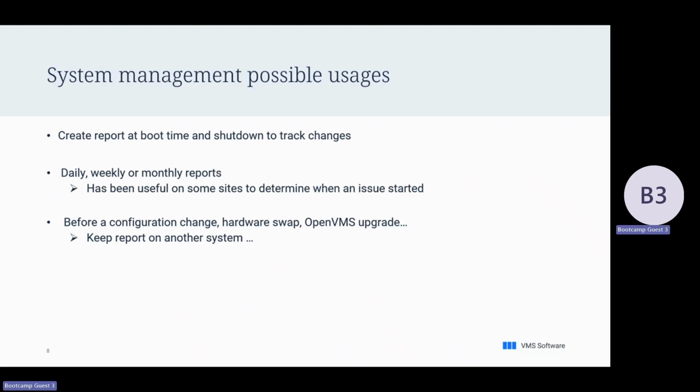And if you reboot your system, you know that the parameters which are not calculated by AUTOGEN are reset to the default value by AUTOGEN. So you will have surprises, and it is also possible that the system will not reboot. Any configuration change that has been done can be found by comparing the two reports.